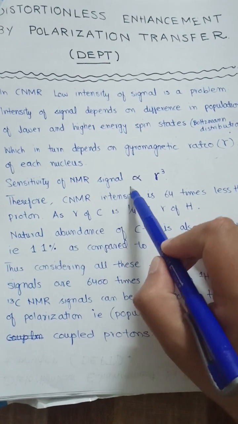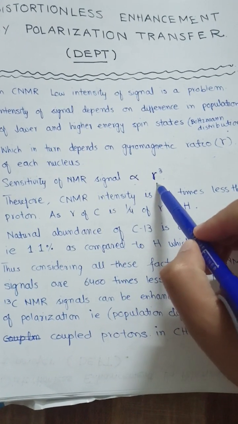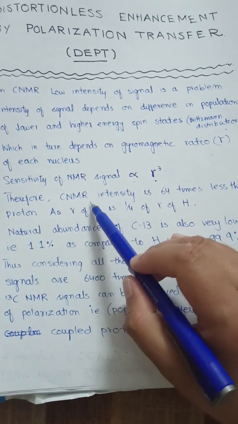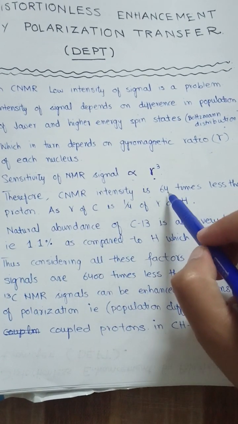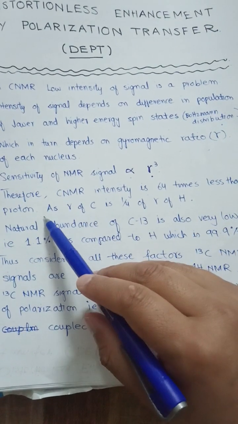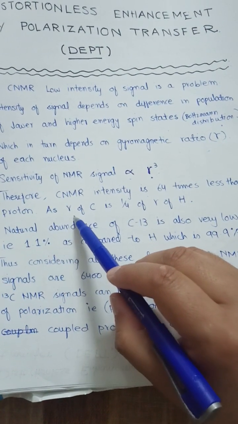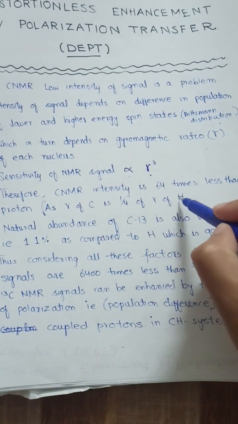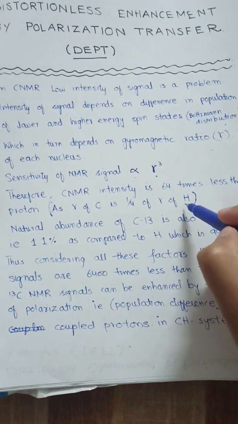The NMR signal is directly related to the power of 3 of the gyromagnetic ratio. Therefore, carbon NMR intensity is 64 times less than proton NMR, because the gyromagnetic ratio of carbon is 1 by 4th of the gyromagnetic ratio of the proton.